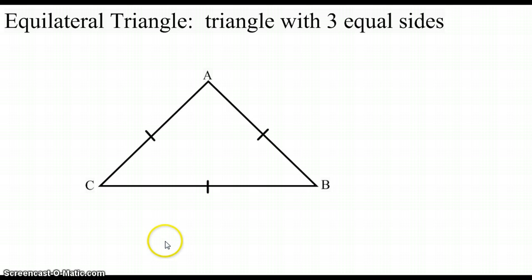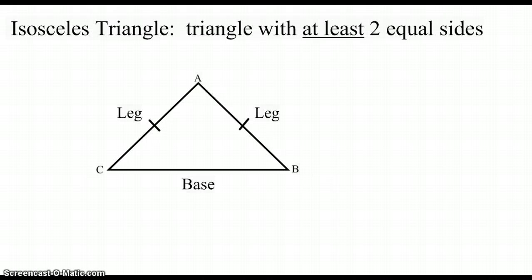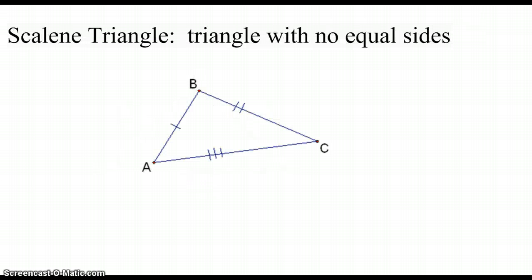So if I said this triangle is equilateral, it's also going to be that it has all equal angles. Isosceles triangle, because 2 of the legs are congruent, then 2 of the angles are going to be congruent. So C and B are going to be congruent all the time in an isosceles triangle. And then lastly, our last triangle that's by sides is scalene.